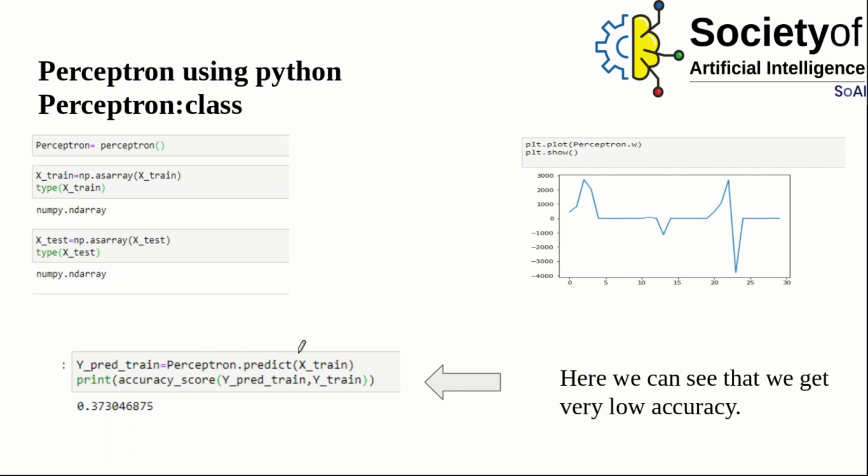Then we will train our perceptron model, and then we will print the accuracy. Here we can see the accuracy is very low, about 37 percent. This one represents the plot for the perceptron and w.